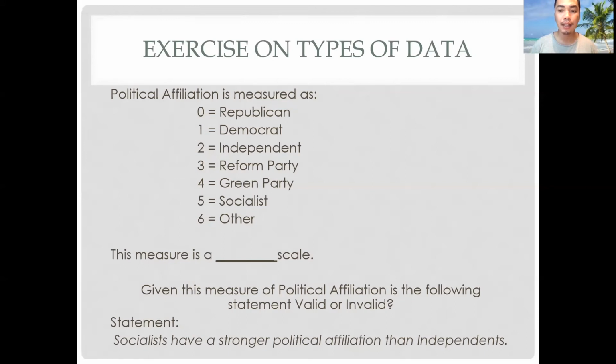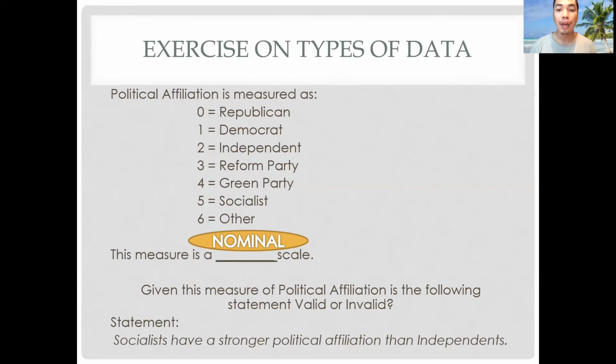What is the scale of measurement in this particular example? The answer is nominal. Yes, because the values 0 to 6 here have no order. The values here as categorized could be shuffled since they are just names or labels of political affiliation.